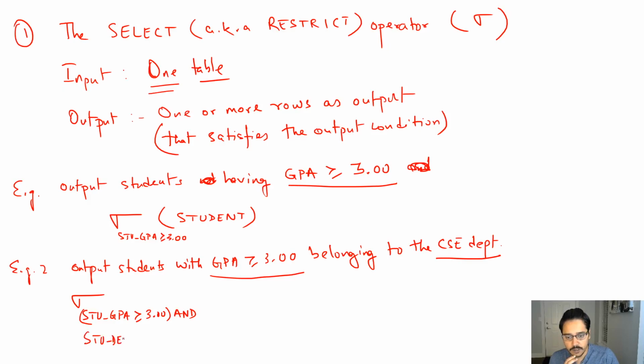Student department equals CSE, assuming that this is the data type that we have chosen in order to encode the department that the student belongs to, and followed by the input, which is the name of the table, students. Okay, so this is going to return all the rows from the table student and all their attributes, where student GPA is greater than 3.0 and student department is CSE.